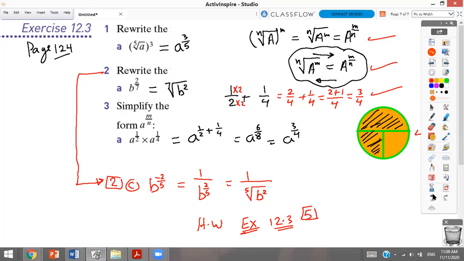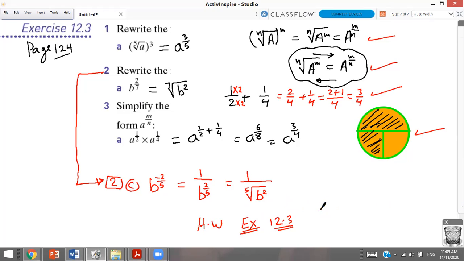We can write it from 1 to 5, all of them, A, B, C, D, E. C and D for each. You can solve all. I think it's so easy.